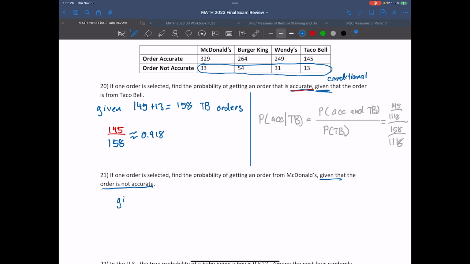So we're given 33 plus 54 plus 31 plus 13. So that works out to 131 orders. And then we want to find the probability of getting one from McDonald's. So that's 33. So the answer is 33 out of 131, which is approximately 0.252.